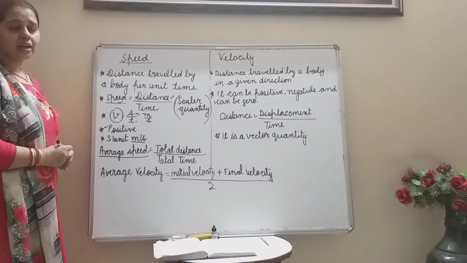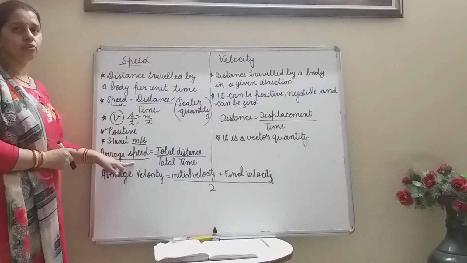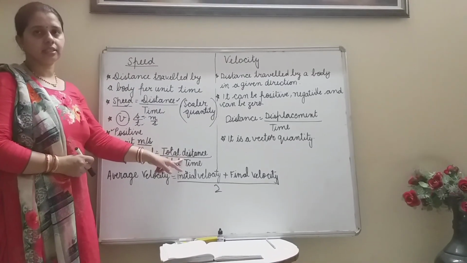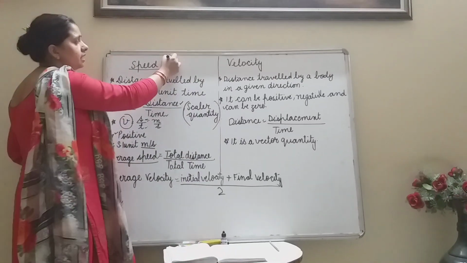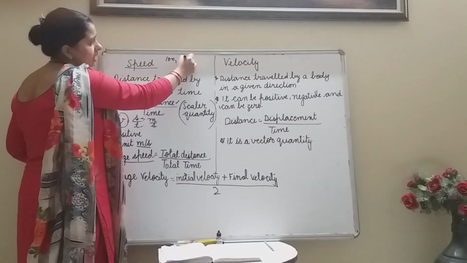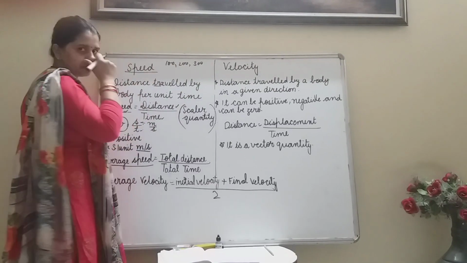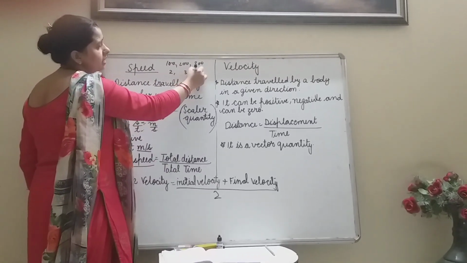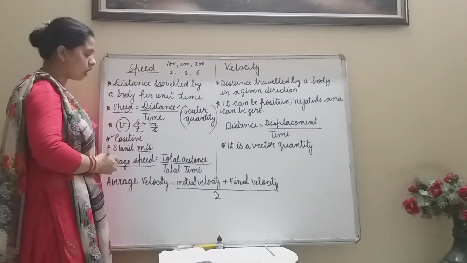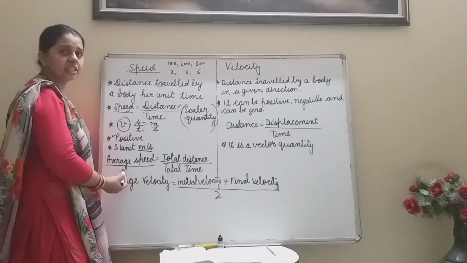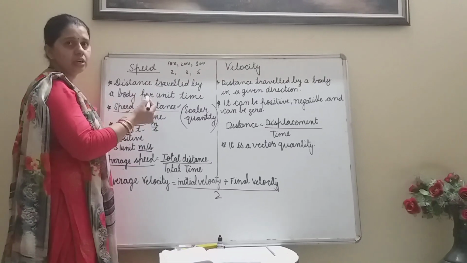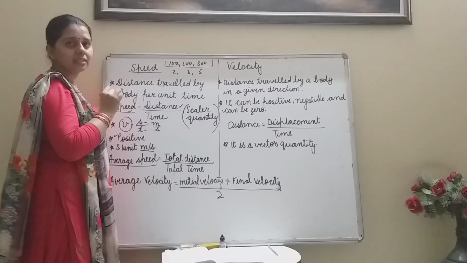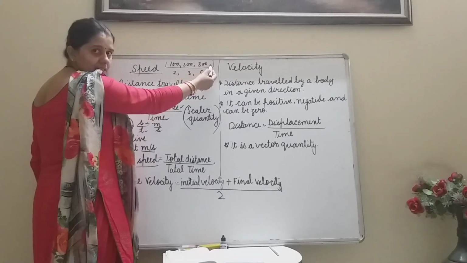If we calculate average speed, how will we do this? We should have the total distance. If a vehicle covered 100, 200 and 300 kilometers in 2 hours, 3 hours and 5 hours, how can we calculate average speed? We will add these distances, so it will be the total distance, 600.